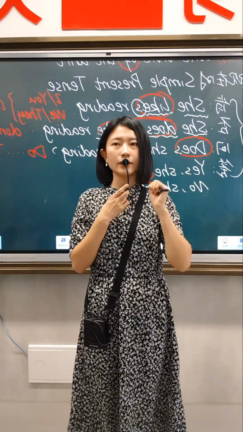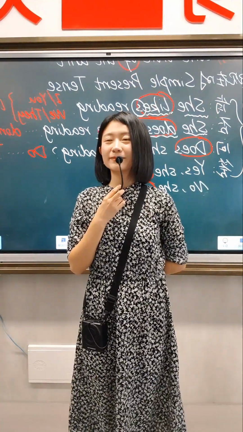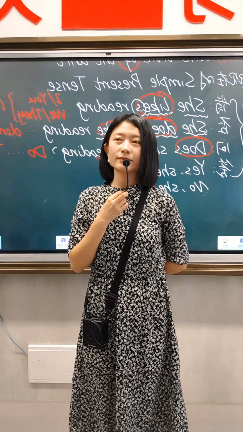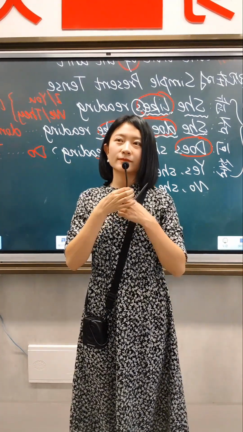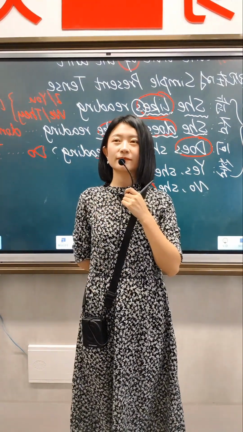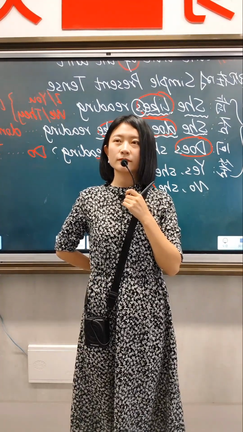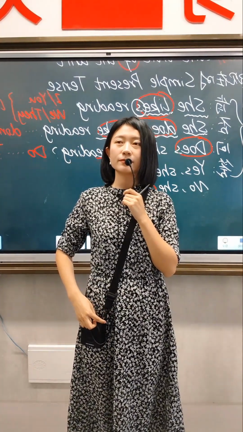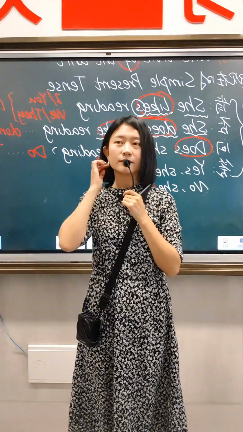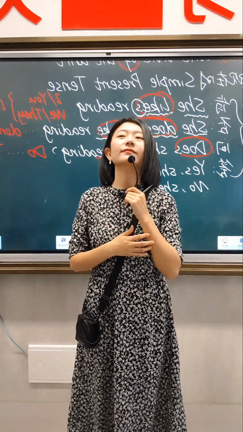So what is the rule here? 规则是什么？一般的话都是直接加 s，然后以 s、c h、x、s h、o 结尾加 es，然后辅音加 y 结尾是把 y 改成 i 加 es，然后元音加 y 结尾的话，那就是直接加 s. Okay, thank you.